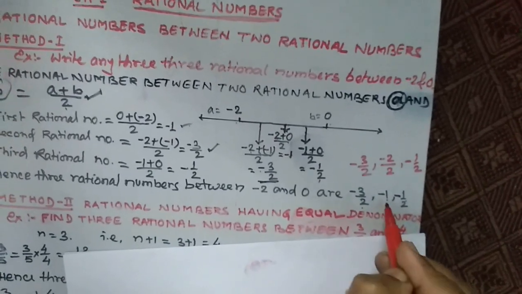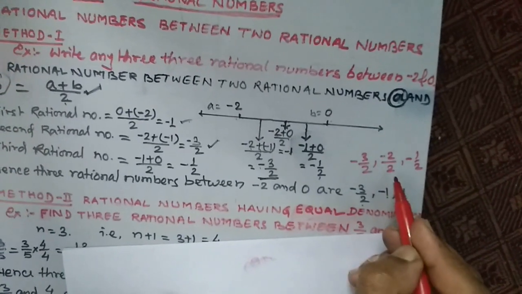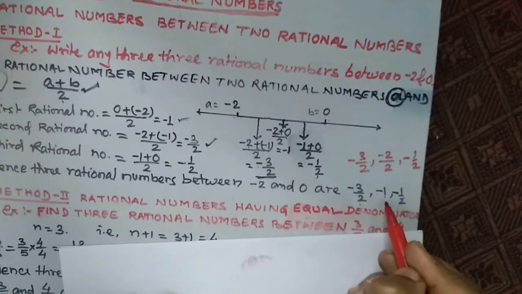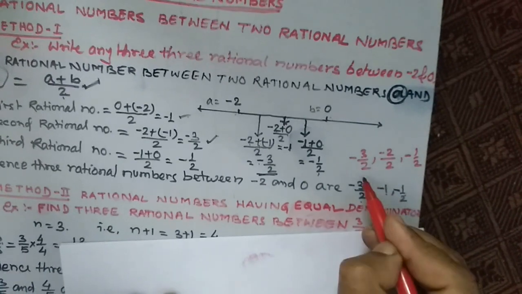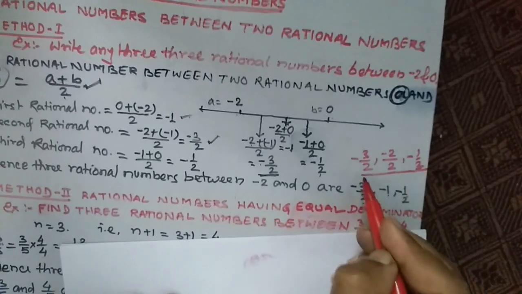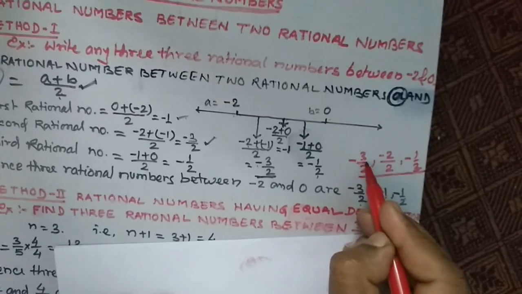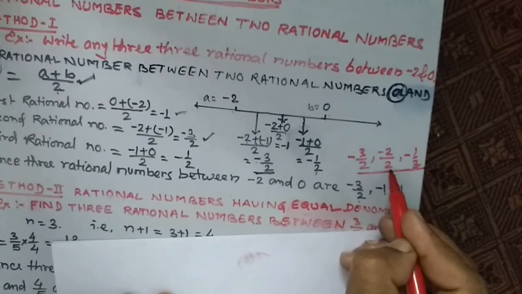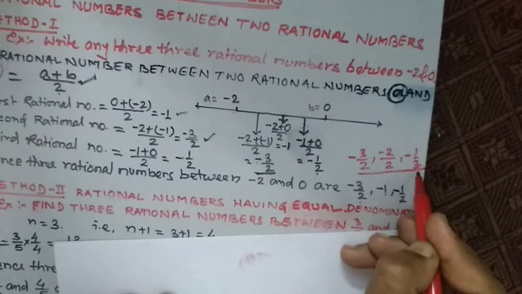I have just changed this -1 by multiplying numerator and denominator by 2 to make the same denominator. Now here: -3 by 2, -2 by 2, and -1 by 2.